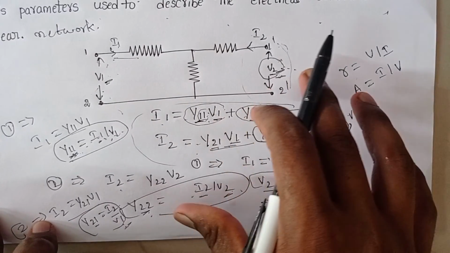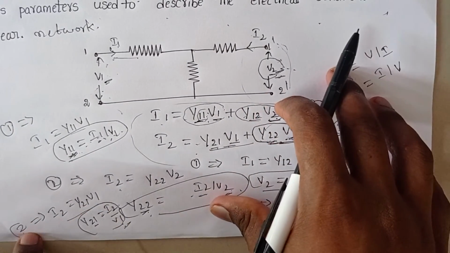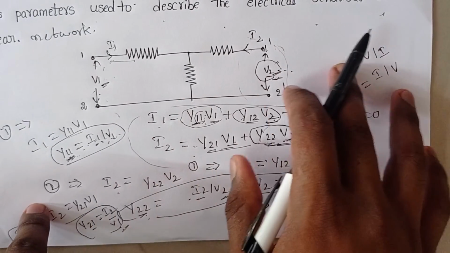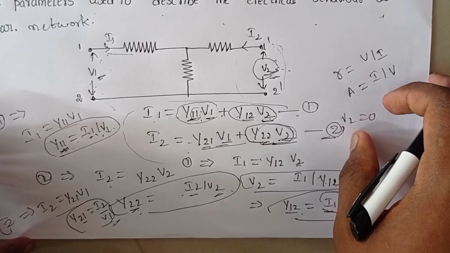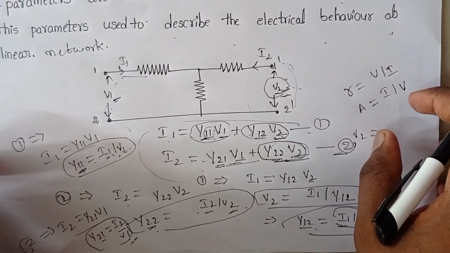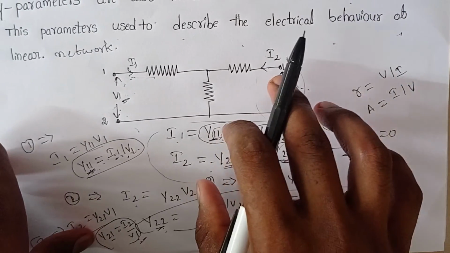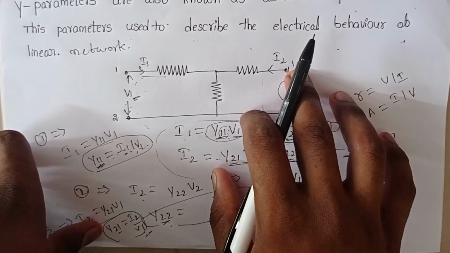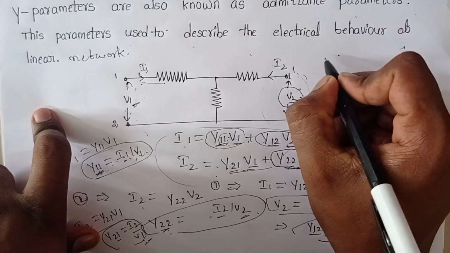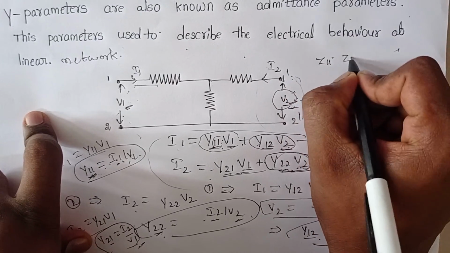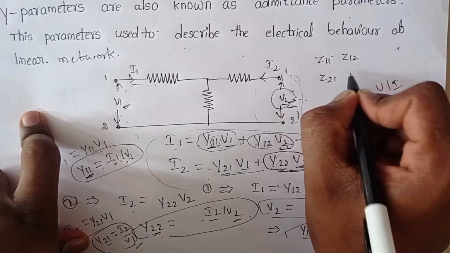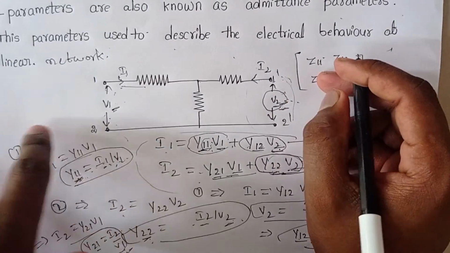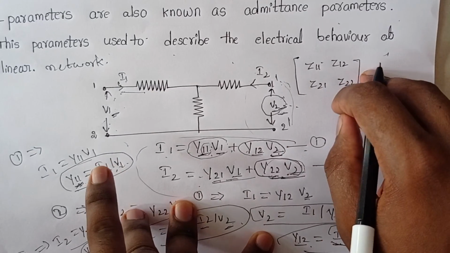This is how the admittance parameters are calculated using a two-port network. Let's have one more simple method for calculating the admittance parameters in a two-port network. Simply first find the Z parameters. We know Z11, Z12, Z21 and Z22. First find the Z parameters, then we know impedance is the reciprocal of admittance.